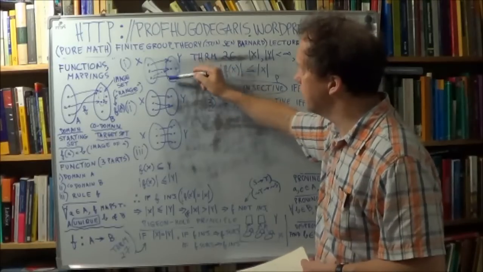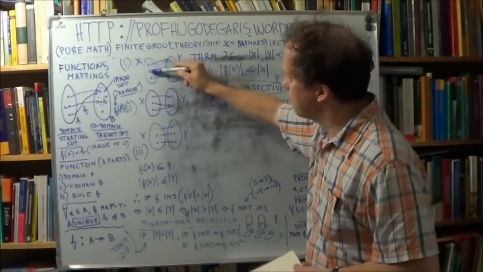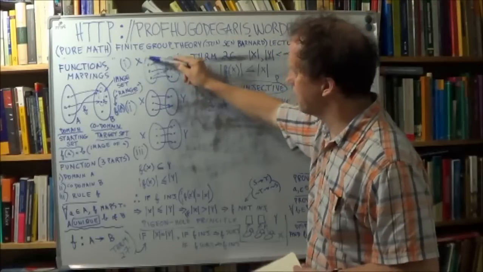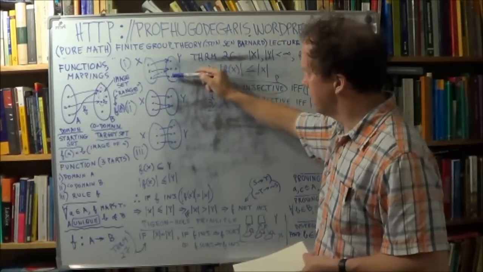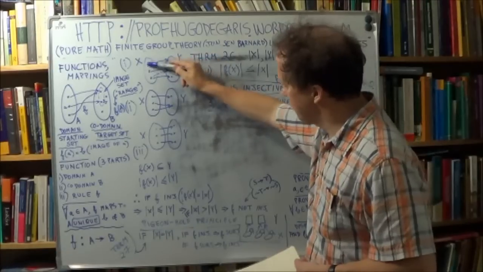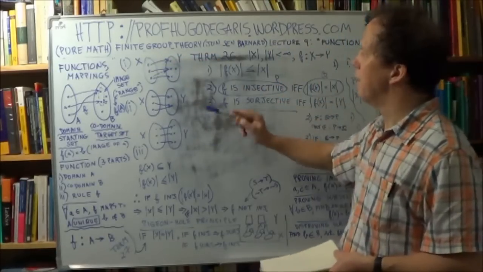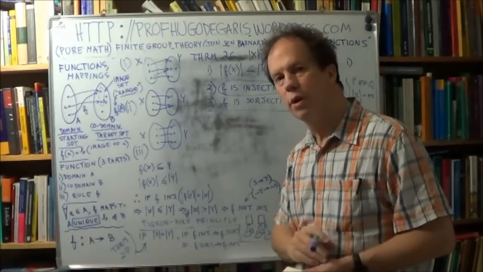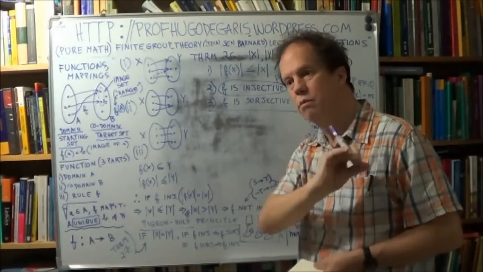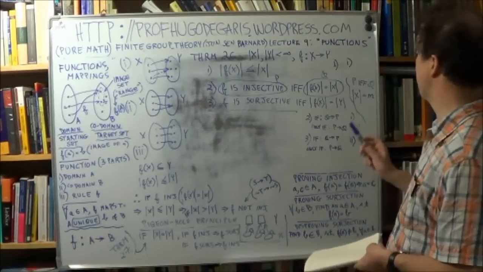Now, if that's equal to these three, the size of your starting set, your domain, then that can only be the case if there are no many-to-one mappings. Right? So no many-to-one mappings.